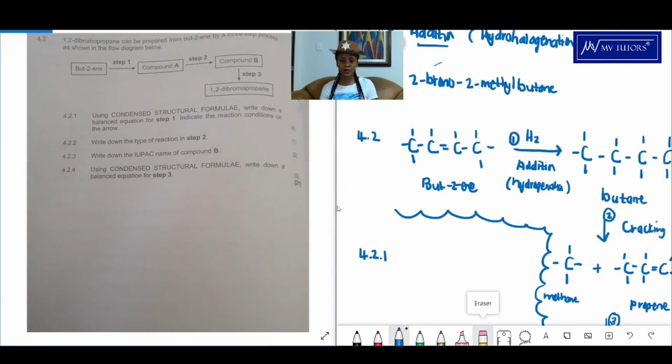So for 4.2.1, I had CH3, then CH, then CH, and then CH3. Then I'm adding hydrogen to it, and then we are getting butane.